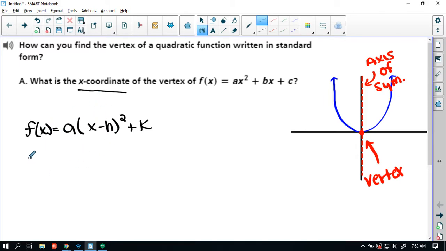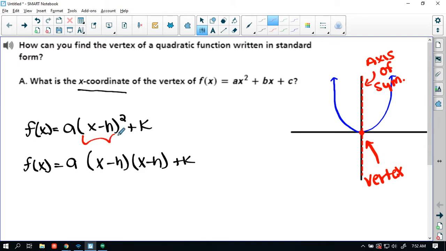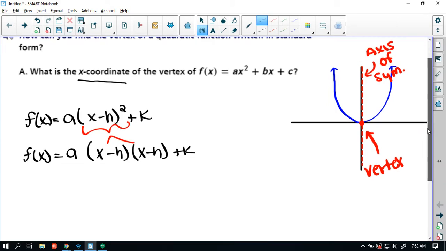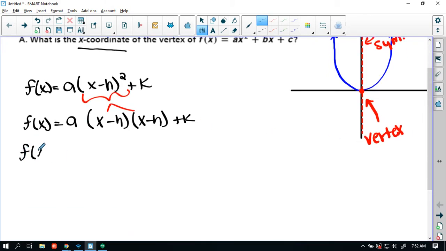Now I am going to expand my vertex form. Remember that this right here gets expanded into two different expressions. So f of x equals a times, and I'm going to use FOIL, x squared minus 2hx plus h squared, plus k.